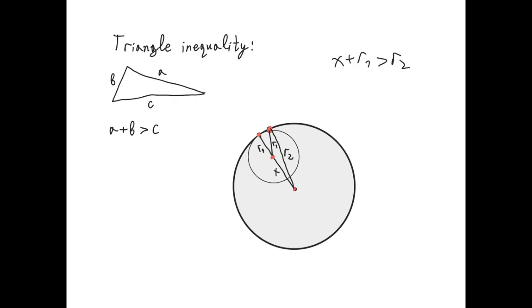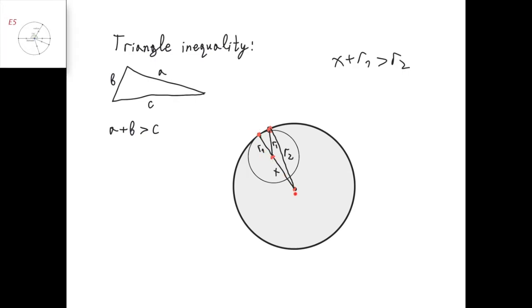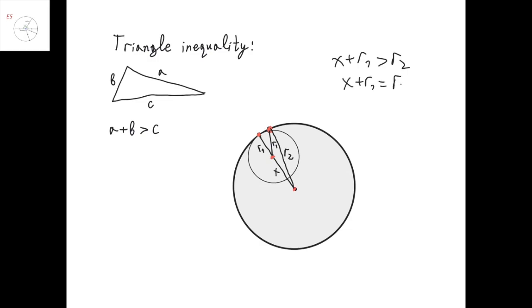But on the other hand, we know that this large segment here is the radius of the circle. And we divided this segment into 2 parts, one x and one r1. So we have that x plus r1 equals r2. And these two statements are in contradiction. So it's not possible that the two circles have a second intersection point, and therefore they're tangent circles.